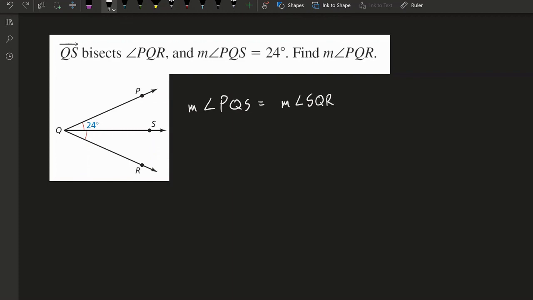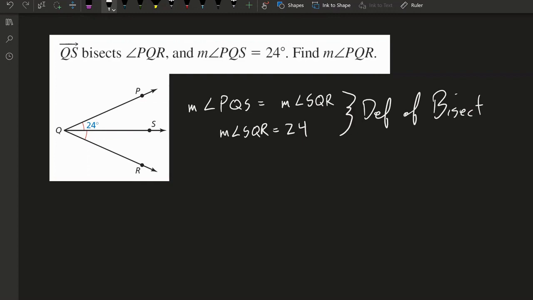So therefore, the measurement of angle SQR must also be 24. The reason that I can say that is because of the definition of bisect. Bisect means it gets cut into two equal pieces, so if I know one piece, I also know the other piece.